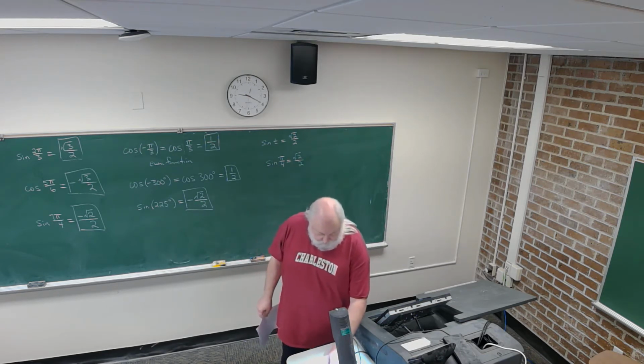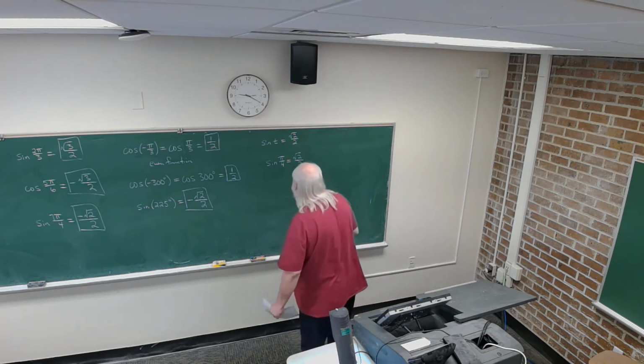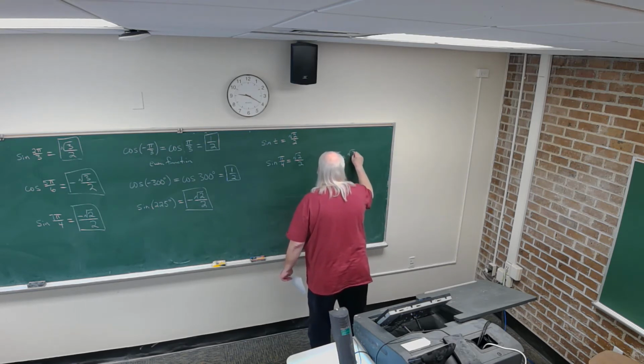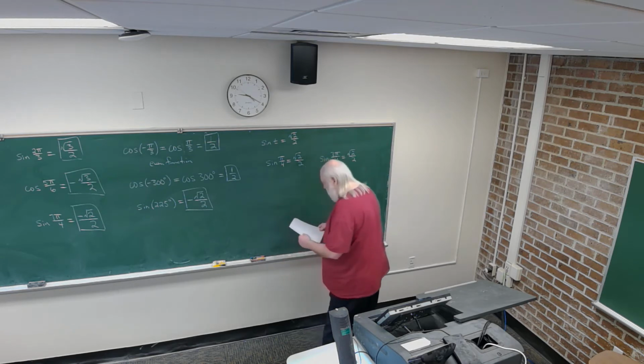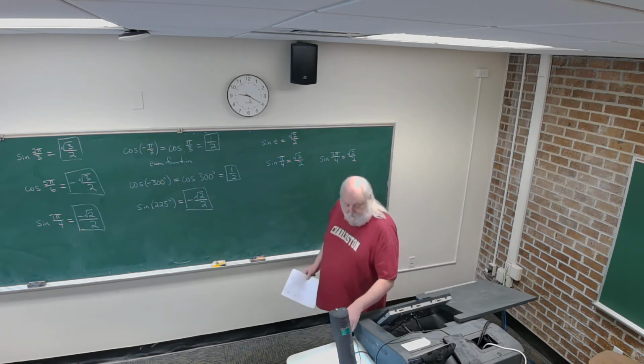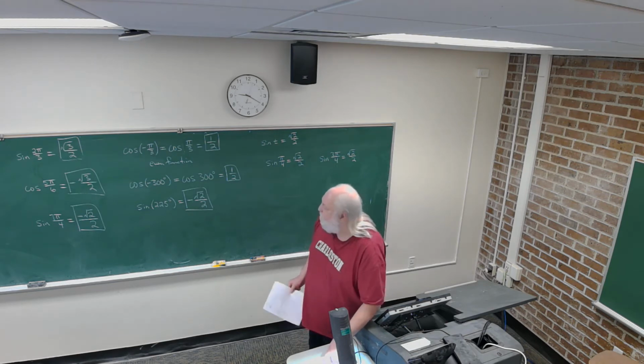And as you go around the unit circle, you come to this point and you see that its y coordinate is equal to square root of 2 over 2. And so the sine of the angle 3 pi over 4 radians is equal to square root of 2 over 2. And there are no other points on the unit circle that have a y coordinate of plus square root of 2 over 2.